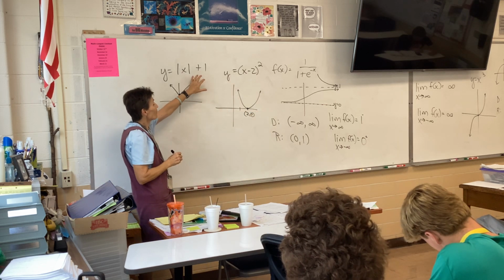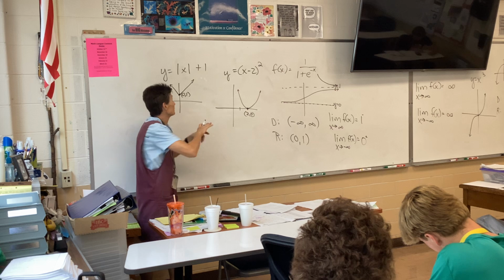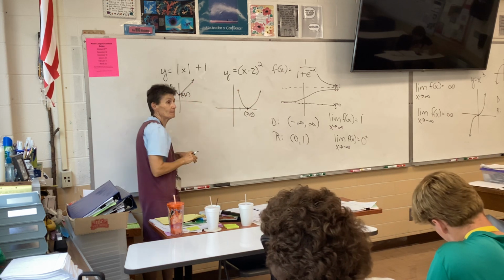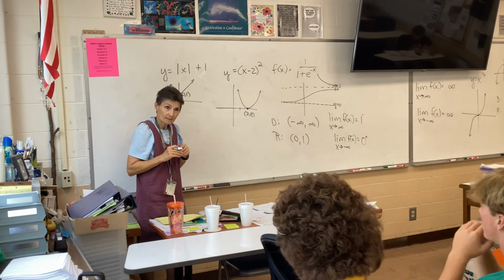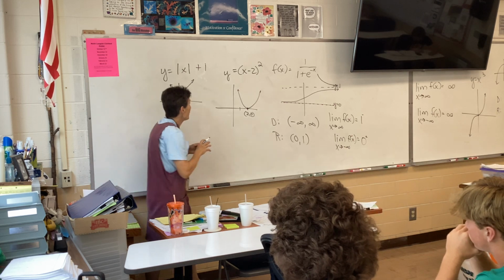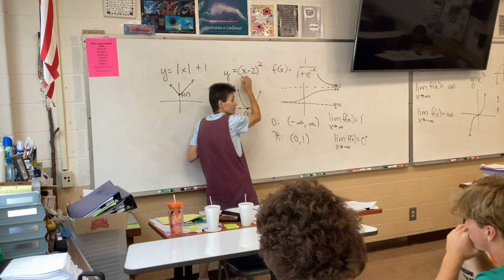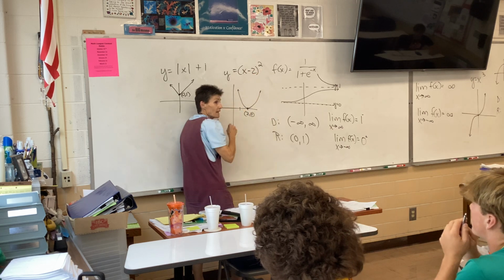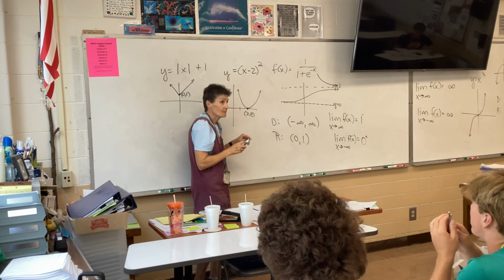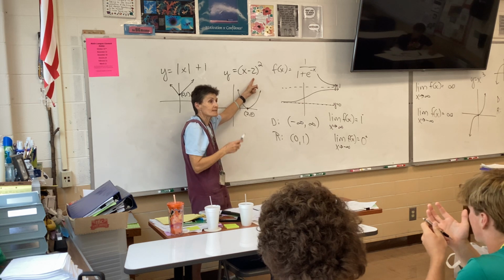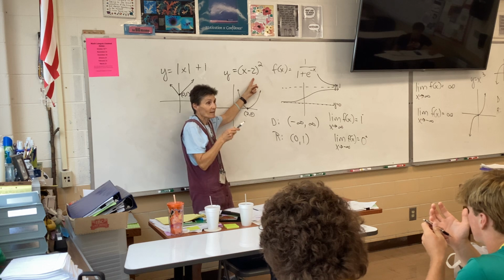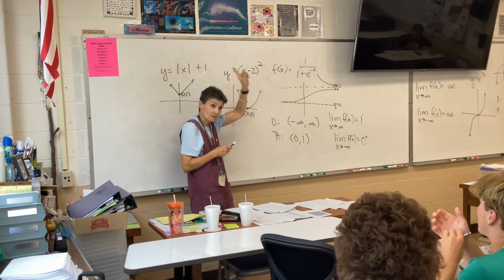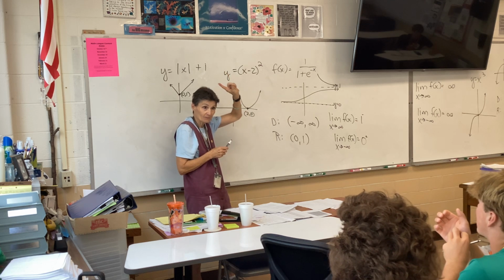So a number outside of the function moves you up and down. A number inside the function, see how the whole thing is getting squared, moves you left and right. And when it's inside, it's the opposite of what you might think. So x minus 2 is actually going to the right. x plus 2 would go to the left.